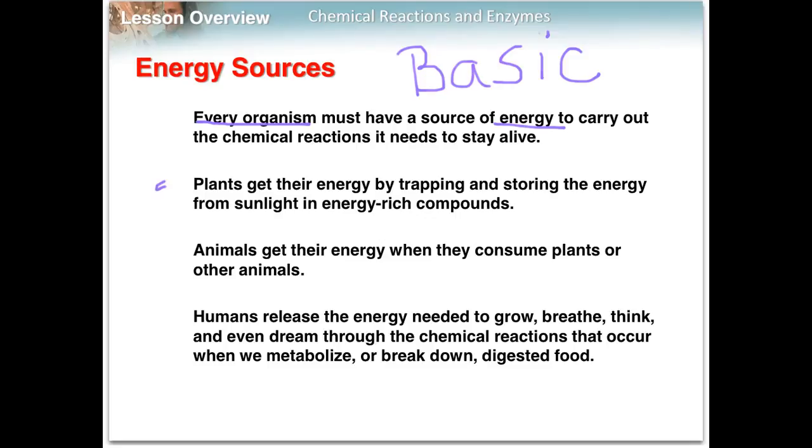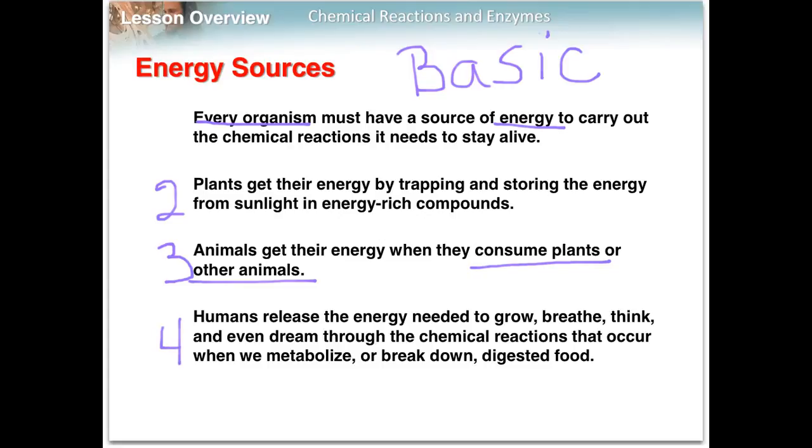Second, plants get their energy from the sun, and you know that plants, being green, carry on photosynthesis, and so they are able to take the sunlight and put that into compounds such as glucose. They can use that energy, and thankfully we as animals are able to get that energy as we consume these plants or we consume animals that have eaten those plants.